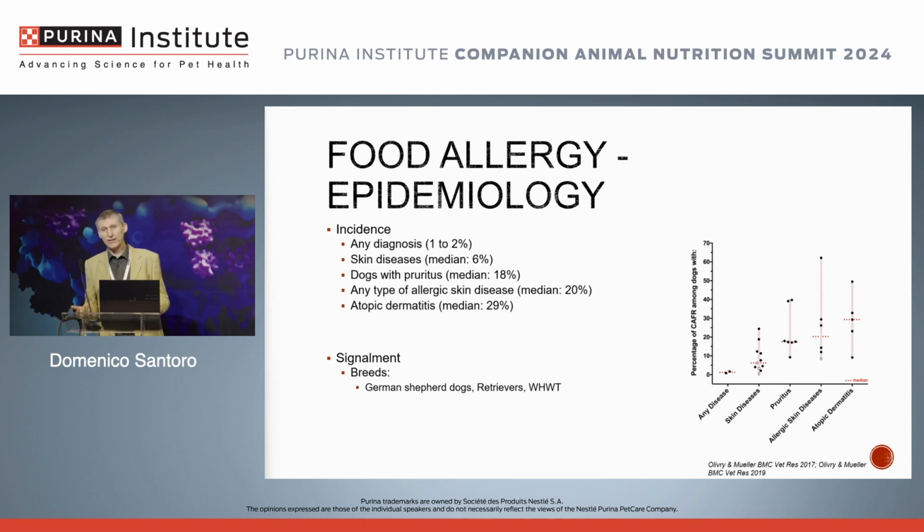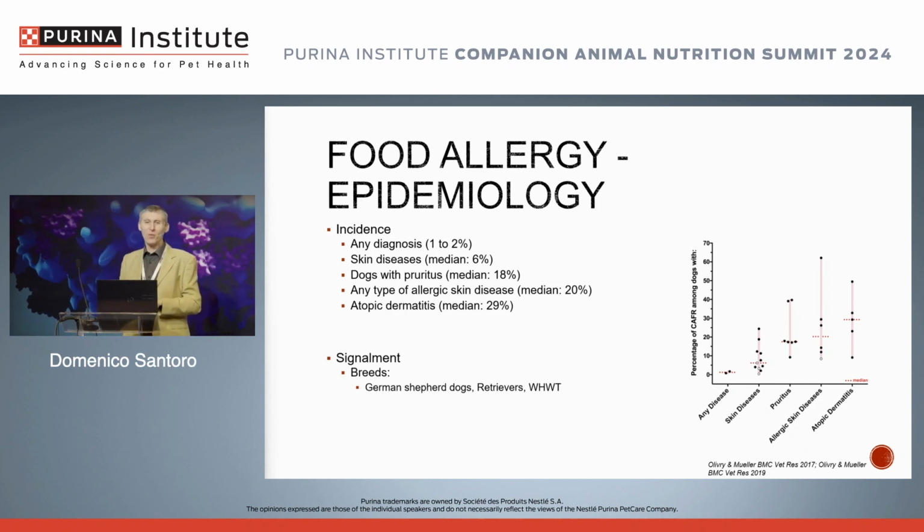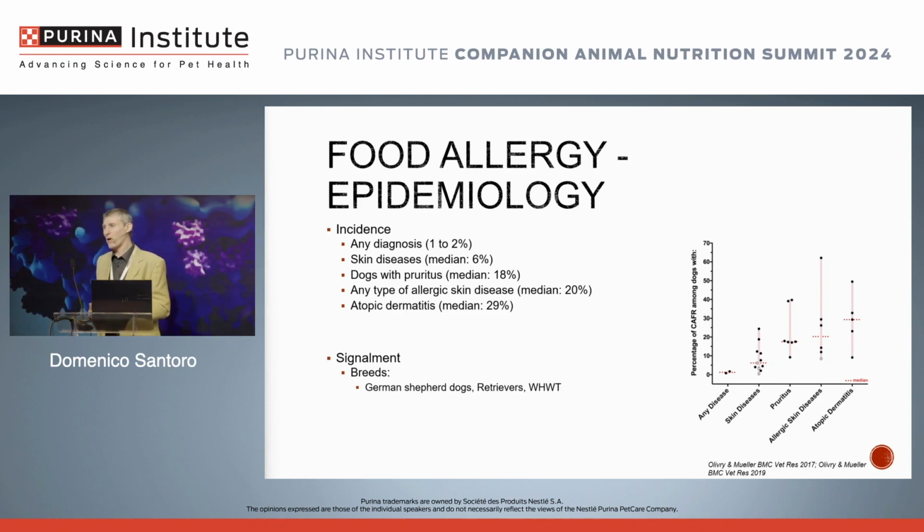They do get atopic conjunctivitis, specifically according to our ophthalmologist: anytime there's running eyes, it's allergy, go to dermatology. But the majority of our patients will develop just skin problems. And that's what we see also with food.